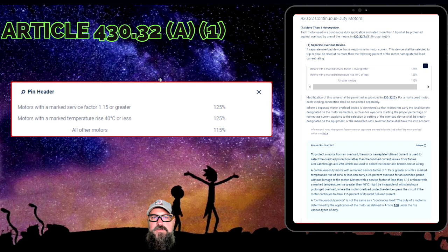So again, if you see that in the question or on the nameplate, then you're going to times that. If it's less than 40 degrees Celsius or 40 degrees Celsius exactly, you're going to times the full load current by 125%. All other motors are 115%. So if the question does not say anything about service factor, then you're going to want to go with the 115%, okay? Or anything lower than 1.15.